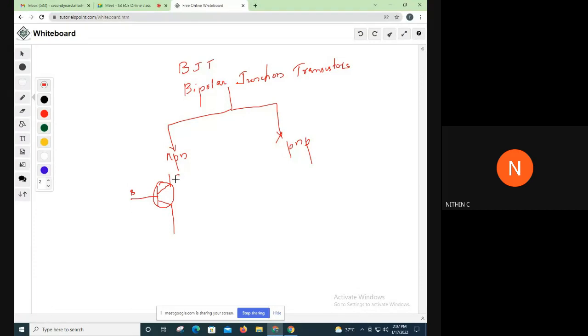If we draw the arrow outside, you will have an NPN transistor. And if you put the arrow of the emitter into the symbol, then we'll have a PNP transistor.